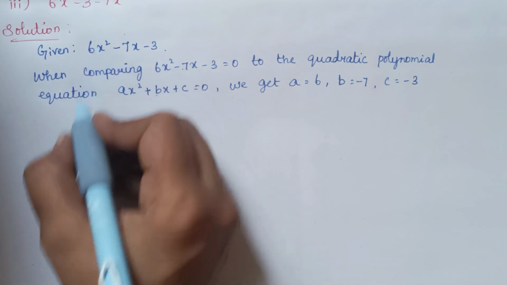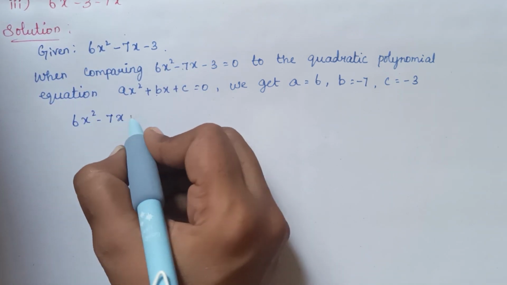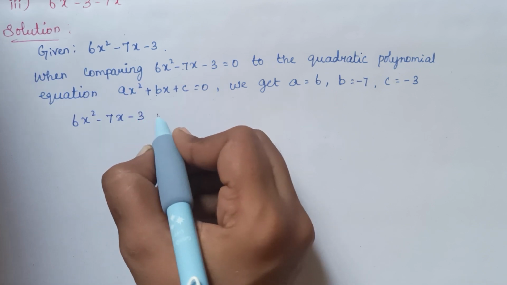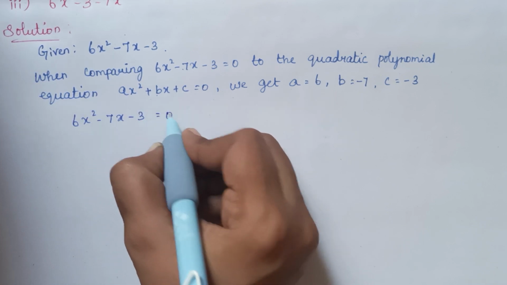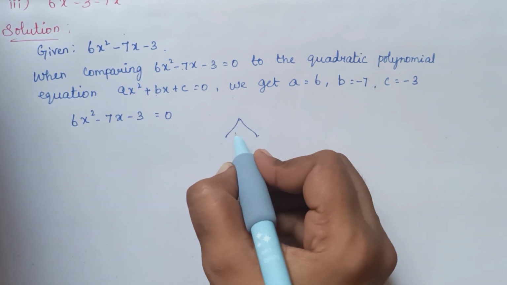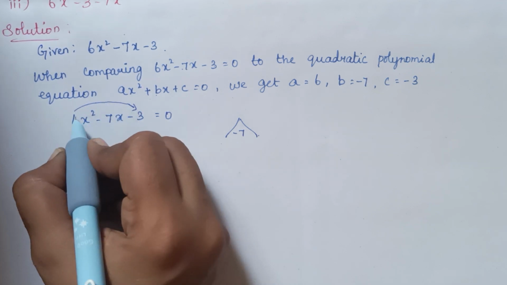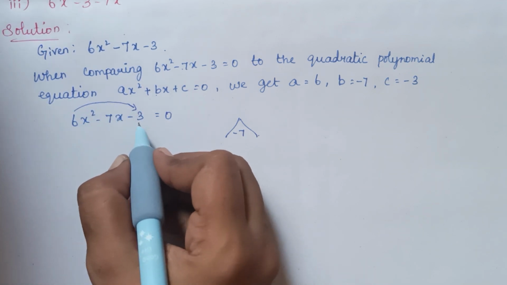Now simplify this equation. 6x square minus 7x minus 3 is equal to 0. Okay, so now find out the factors. So the center number we can mention here, minus 7. So we want to multiply the coefficient of x square and the constant term.